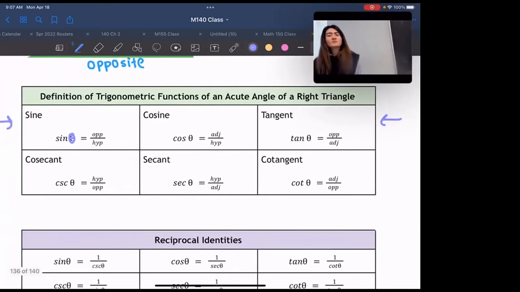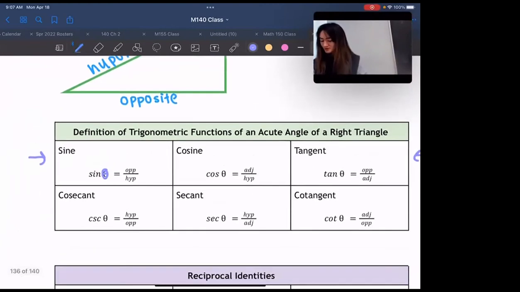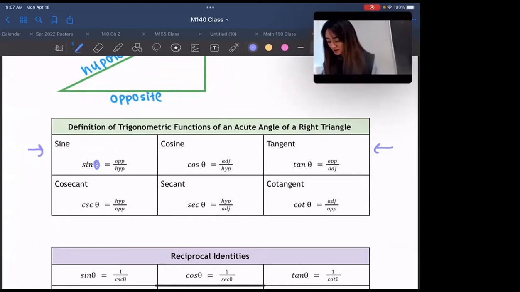Does anyone remember something in class? Maybe in high school you learned SOHCAHTOA, yeah. I actually didn't memorize it this way, but some people do find it easy to memorize using this acronym. It kind of sounds cool. So SOH, so sine is the opposite over the hypotenuse.